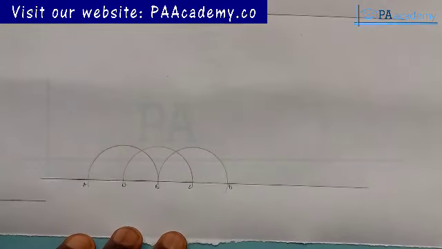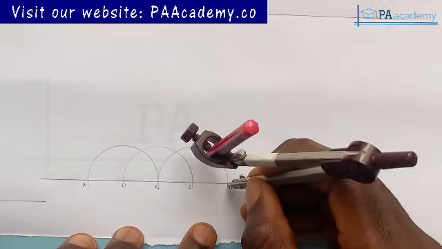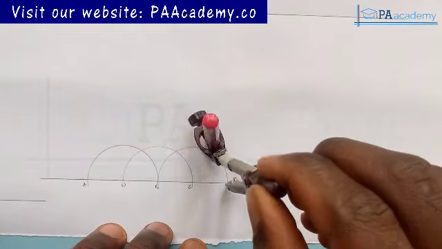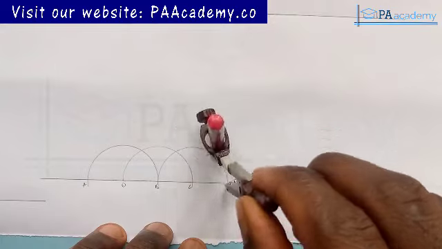Now with the same length, you come to point D and draw an arc on the semicircle like this.